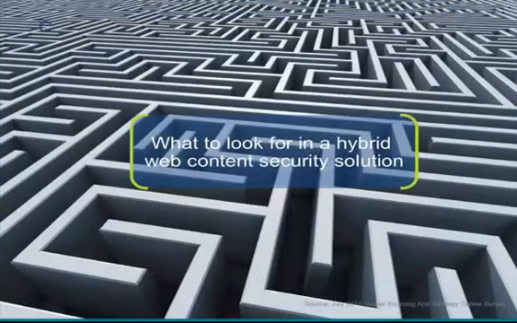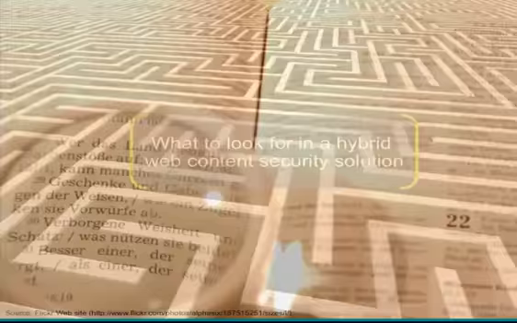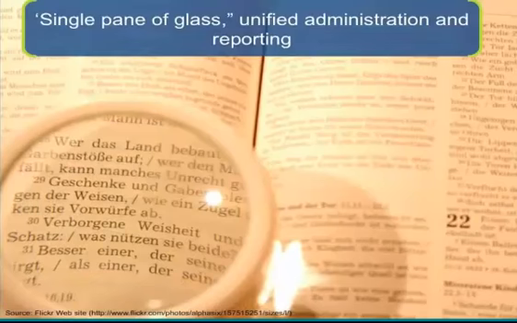So what should we look for when we talk to clients, when they're asking what should they look for in a hybrid model? Let's talk about what we talk to them about. I think one of the most important things that we need in a hybrid model is a single pane of glass. A lot of the hybrid solutions that are out there have either come via acquisition or they have been organically developed from a company.